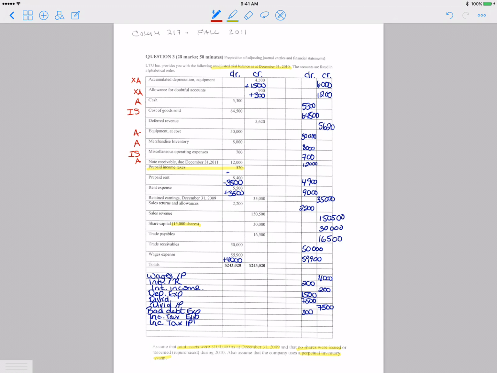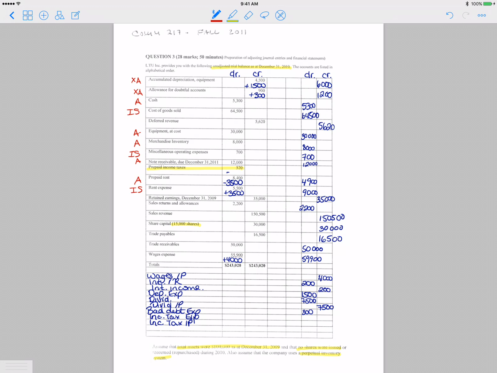Prepaid income taxes would be an asset, however, we're going to leave it blank for now. We don't know if it'll still exist once we've calculated our income taxes. Now we have our prepaid rent, which is an asset, and our rent expense, an expense, goes on our income statement. Retained earnings, which would have gone on our balance sheet, but we're not going to be doing that part of the balance sheet.